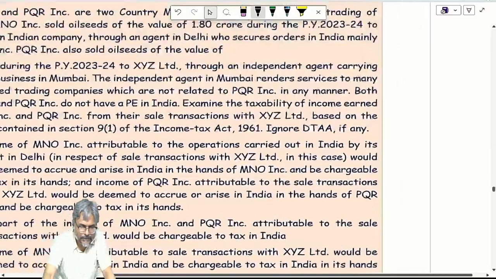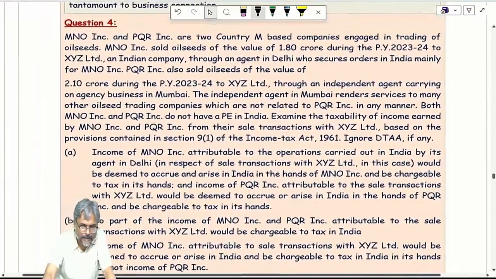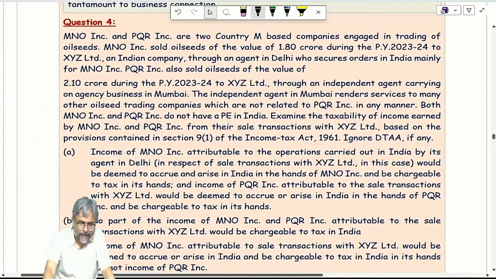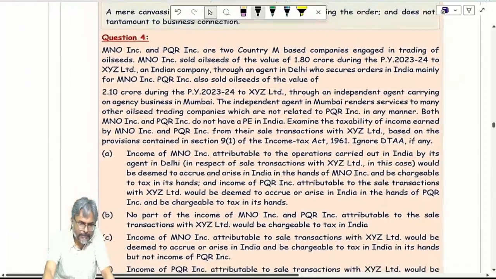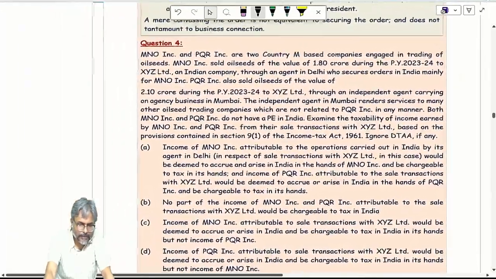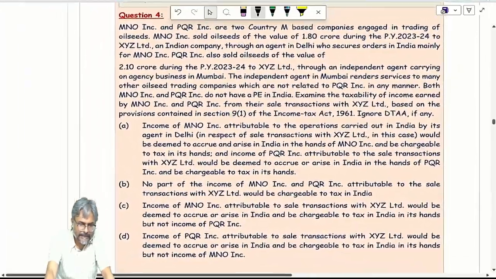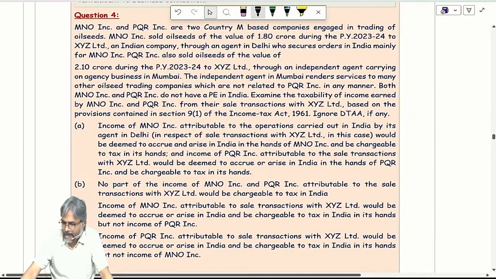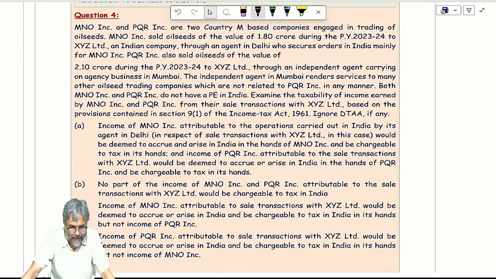An ICAI question, an MCQ of the ICAI. Read it once. Don't see the answer, but let's see what you all do.